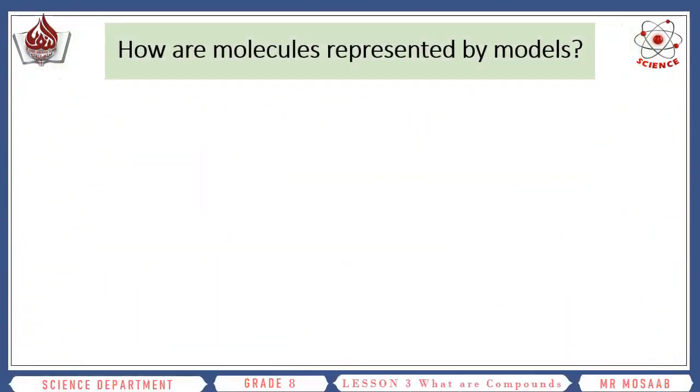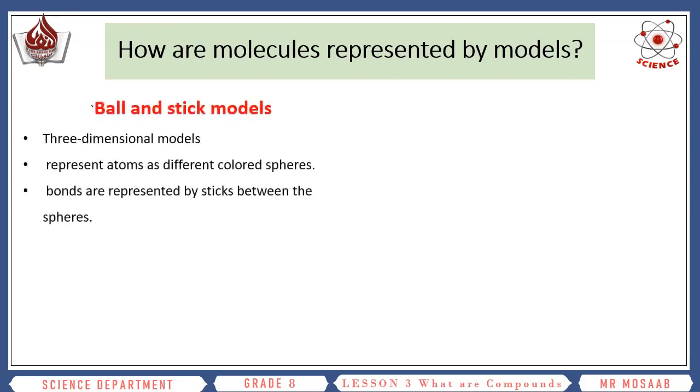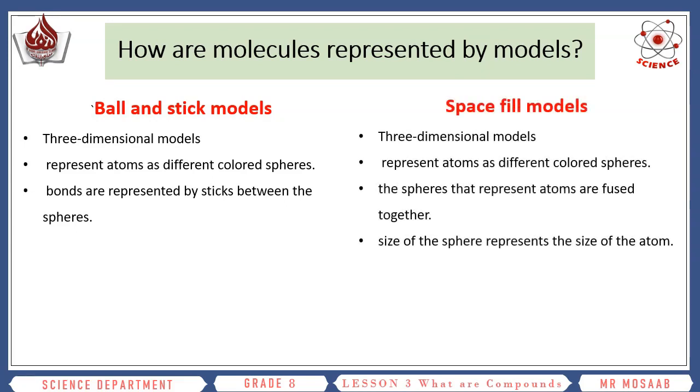How are molecules represented by models? We have models to represent the molecules. The first model is the ball and stick model, and the second one is called the space fill model. What is the difference between both?